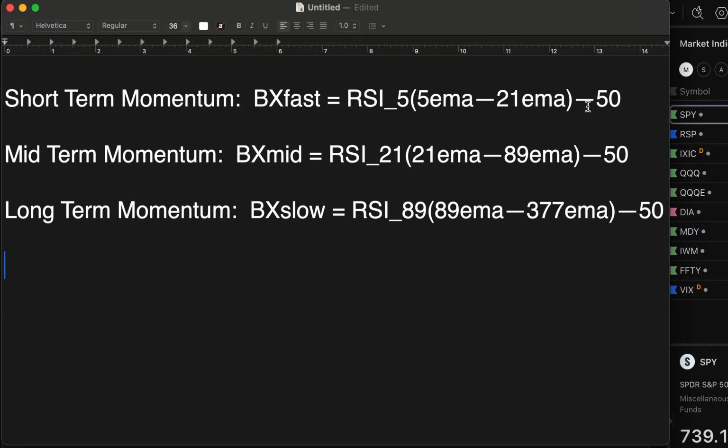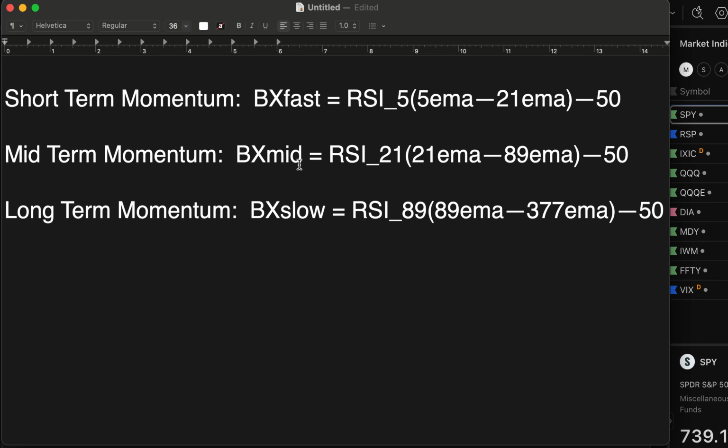And then at the end, I subtract 50 because instead of going from 0 to 100, I want to go from negative 50 to 50. That way the middle will be 0, which is where it's at equilibrium as far as the momentum goes. So that's what my BX fast indicator is. And it turns green when it's above 0, and it turns red when it's below 0.